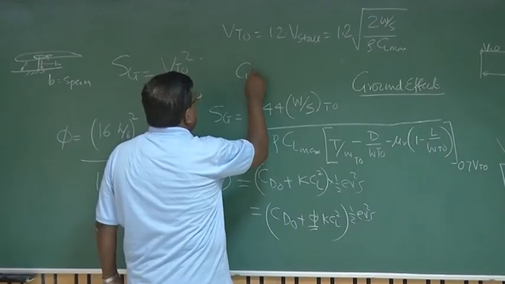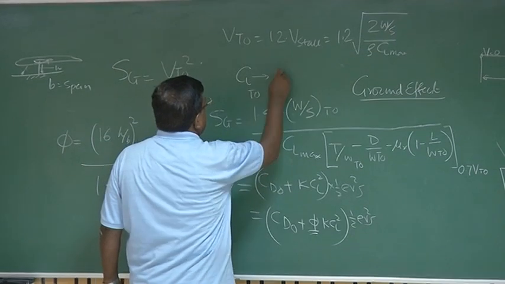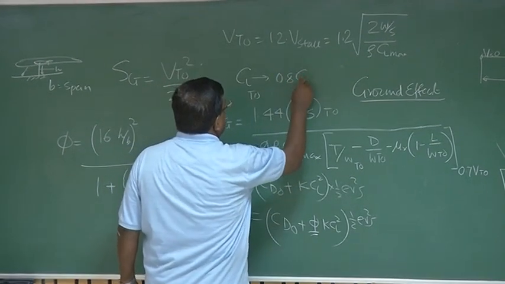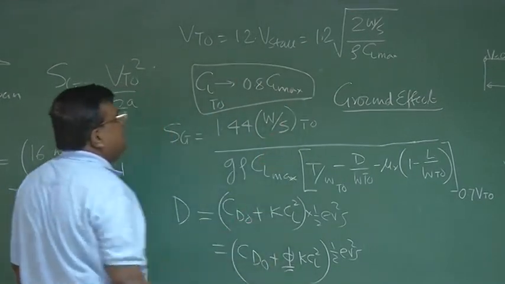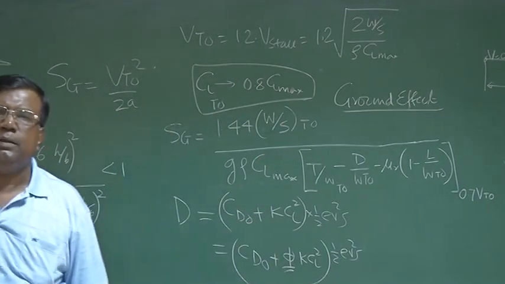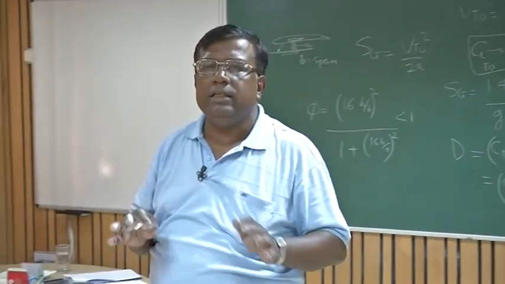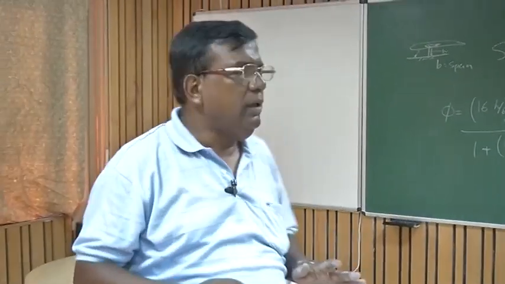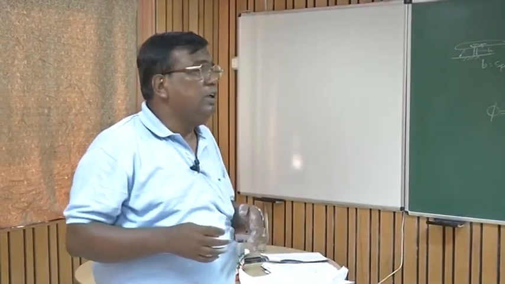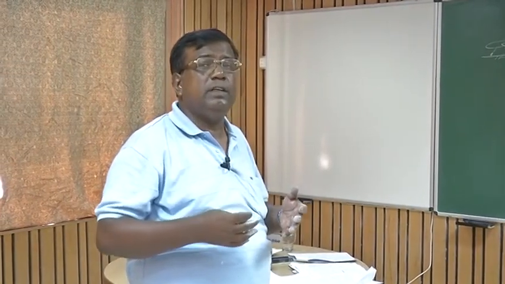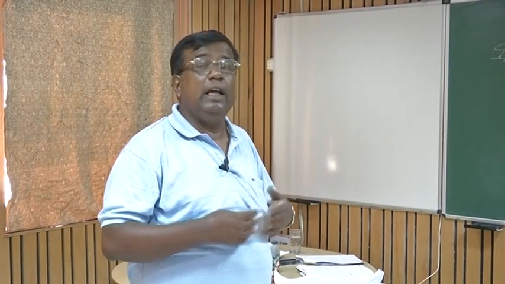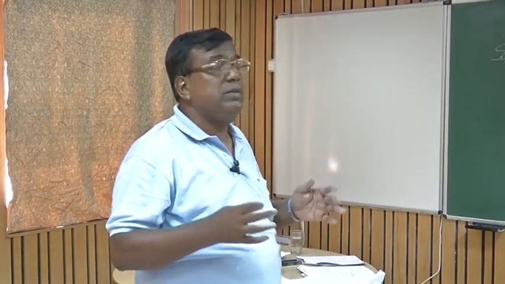So for CL takeoff, you take it as 0.8 times CL max. All this nitty-gritty will be clear once you solve a numerical problem. But now this session is to understand the physics behind it. Okay? All these numbers have come not necessarily because of well understood physics, but from the regulatory angle also, to ensure that everything is safe.